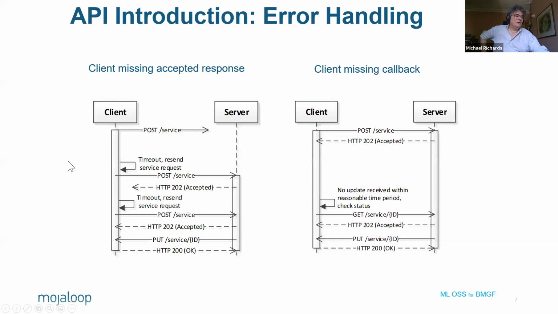Just a quick look at error handling, as I said. So as you will see down at the bottom, on the left-hand side, this is a timeout one. This shows the idempotency. You get a timeout, so you resend, it's accepted. You can then resend again if you don't hear it.